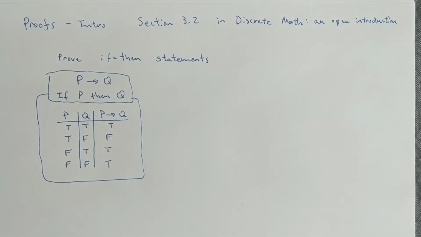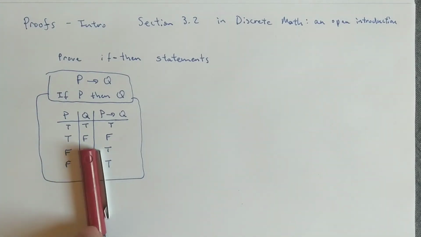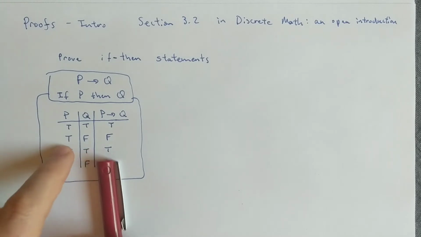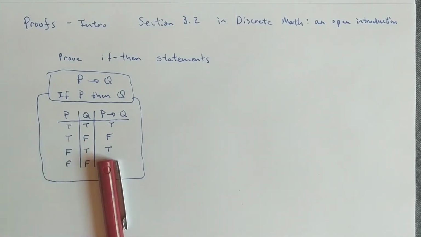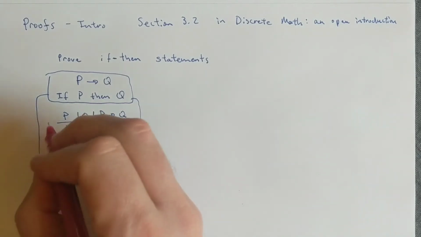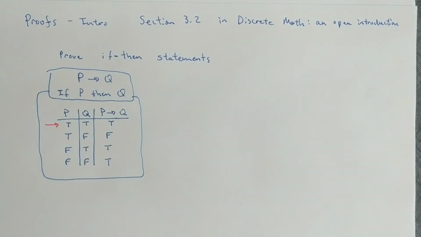is true or not. And the way we're going to do this, remember what the truth table looks like. Here it is. The only time we get a false for if P then Q is if P starts out true, but then we end up with a false Q statement. So the way we're going to prove these is sort of focusing on that point.